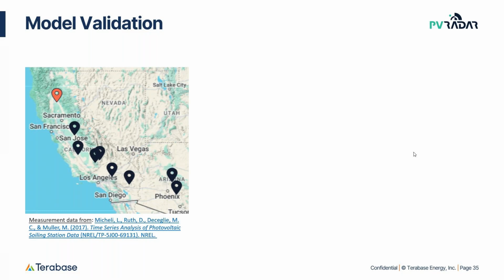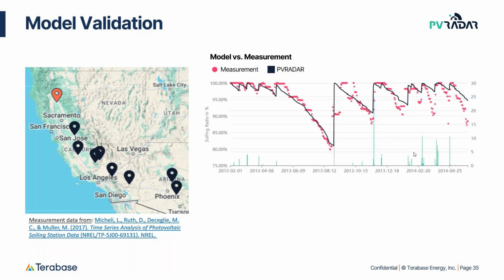In 2017, there was a paper that came along with 10 data sets from measurement campaigns from NREL at different locations in California and Arizona. Let's have a look at one of the projects in Kern County, in the north of California.